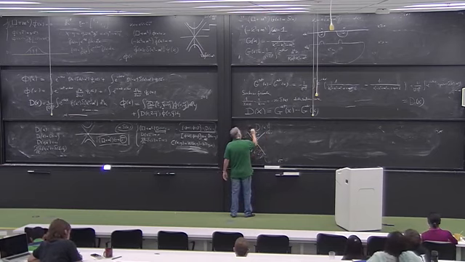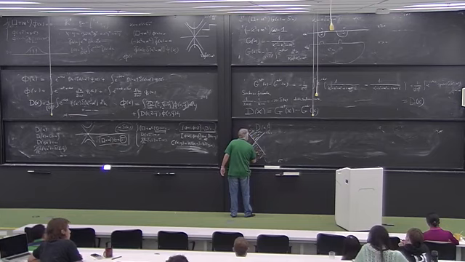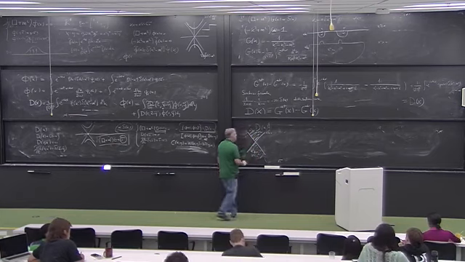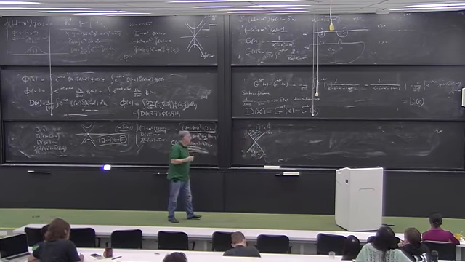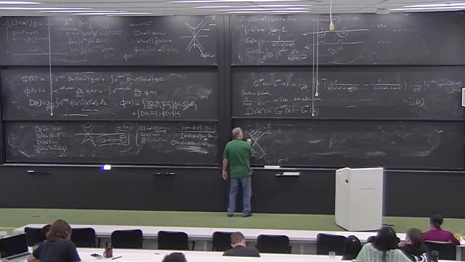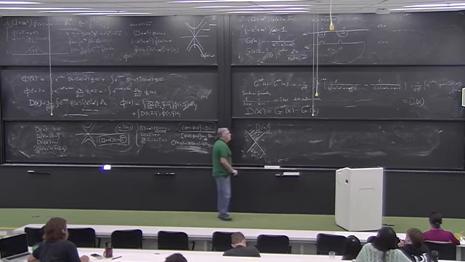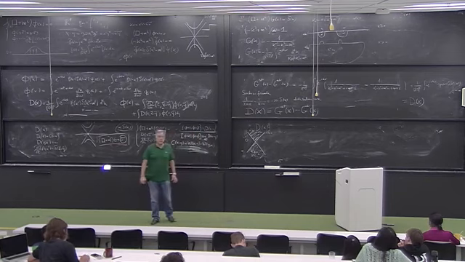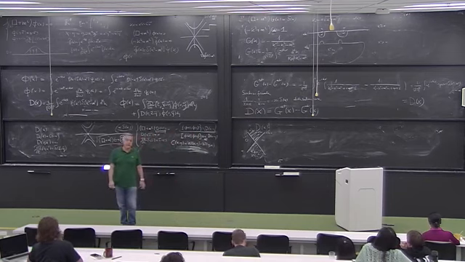This is x squared bigger than 0, x0 bigger than 0. And this is x squared greater than 0, x0 less than 0. Okay? And D of x vanishes here. We will come back to this point. Of course, you know already.